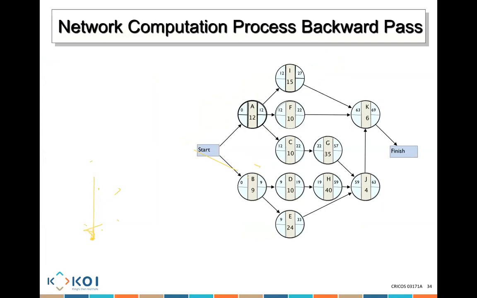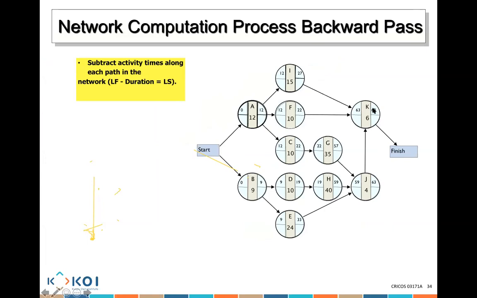Now, when we want to move backward, we start with these rules. First of all, the latest finish minus duration gives me my latest start. Currently, we have the early finish is 69. Can you see that?